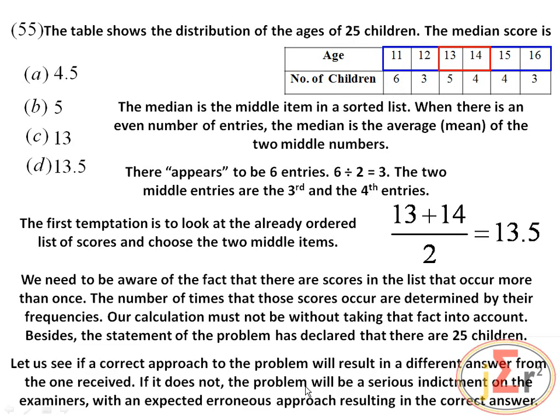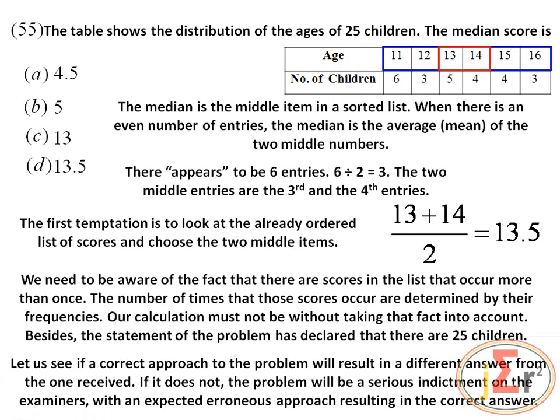Let us see if a correct approach to the problem will result in a different answer from the one received. If it does not, the problem will be a serious indictment on the examiners, with an expected erroneous approach resulting in the correct answer.